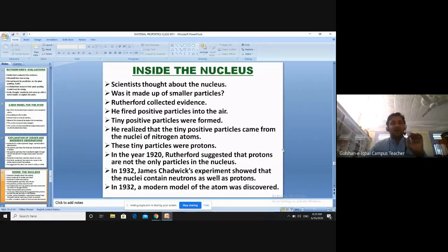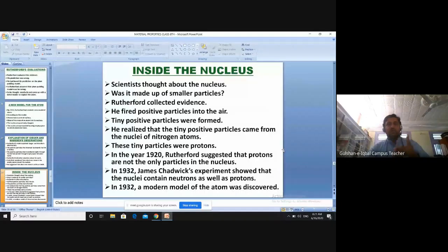So he realized that the tiny positive particles came from the nuclei of the nitrogen atoms. Rutherford gave the idea that these positive particles which came from the nuclei of nitrogen are protons.